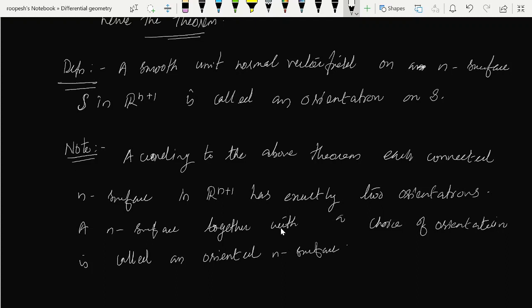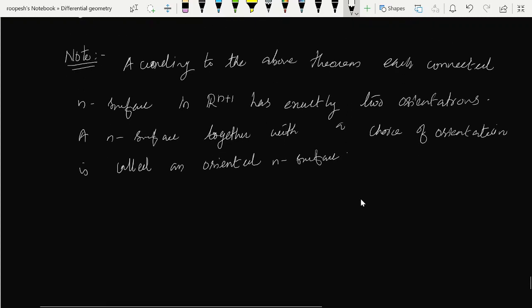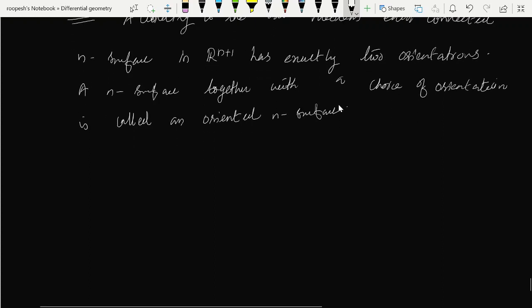So an oriented n-surface means an n-surface together with an orientation. Orientation means we are giving a unit normal vector field on each of the points of the surface.